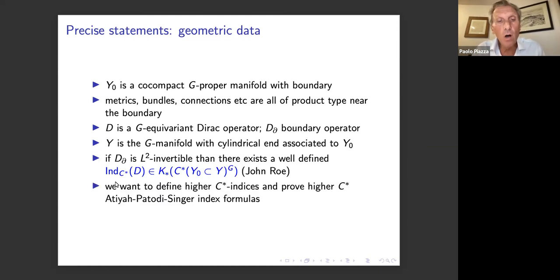Now, our goal is to extract numbers out of this index class and then prove index formulas. This is the usual theme, and as I said, it is a theme that has been around for many, many years.